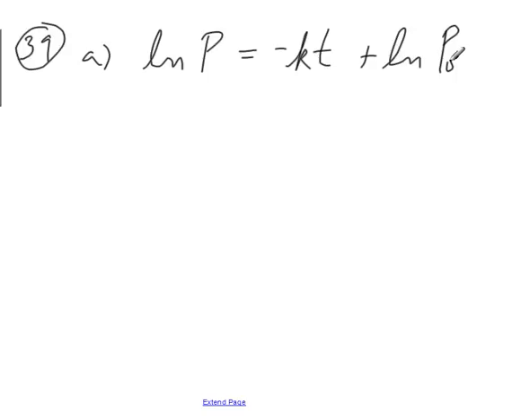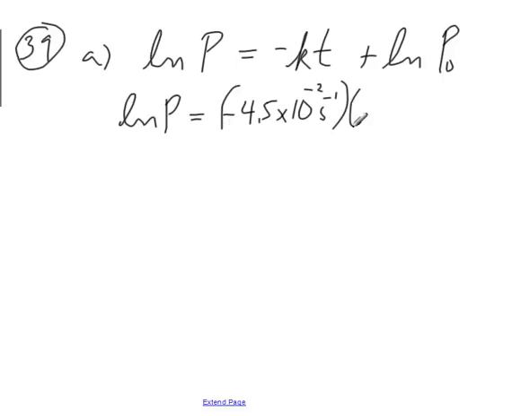So it's the same question that we did just a minute ago, isn't it? The natural log of P equals negative 4.5 times 10 to the minus 2 per second times 65 seconds plus the natural log of 375 torr. So my answer is going to come out in torr, right?